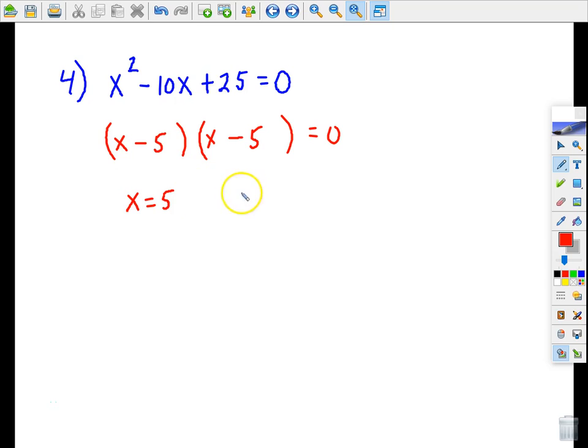Now, some of you are going to get to this point, and I expect this. You're going to say, but didn't you say we should get two answers whenever we solve a quadratic equation? And technically we did, although it is the same number, but it's the same number being used twice as a solution.